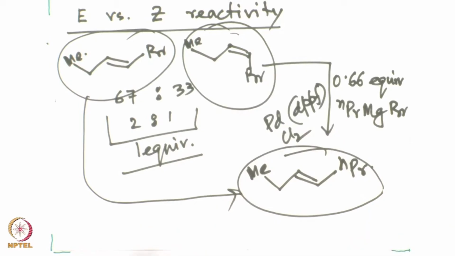That is quite interesting, because even when you have a mixture, you can still fish out the one you want based on their reactivity. So, the geometry is retained during the Kumada coupling reactions.